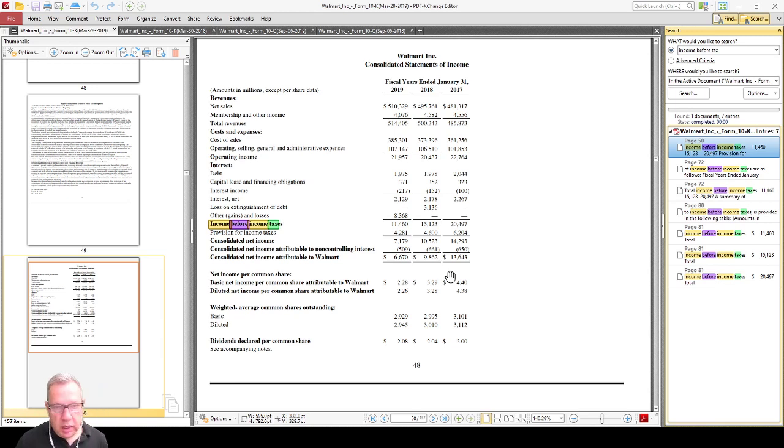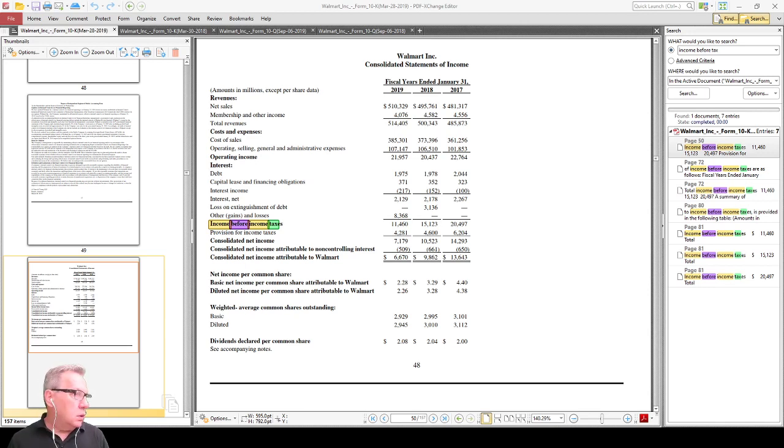Okay, so again, we're looking for a 2019 number for income before taxes. 11,460.